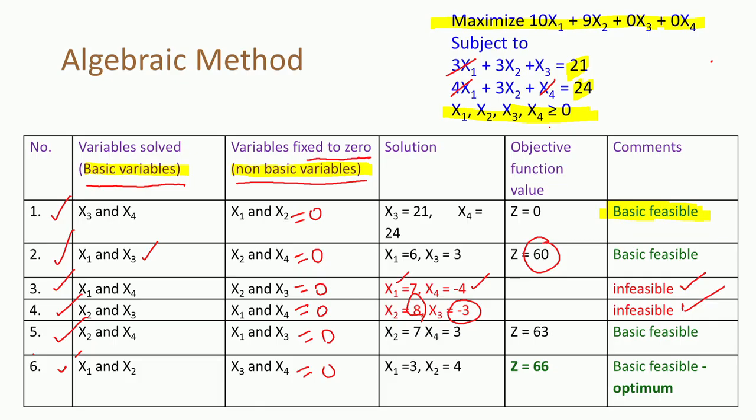We now move on to the fifth solution, where we solve for x2 and x4, and therefore we will eliminate x1 and x3.